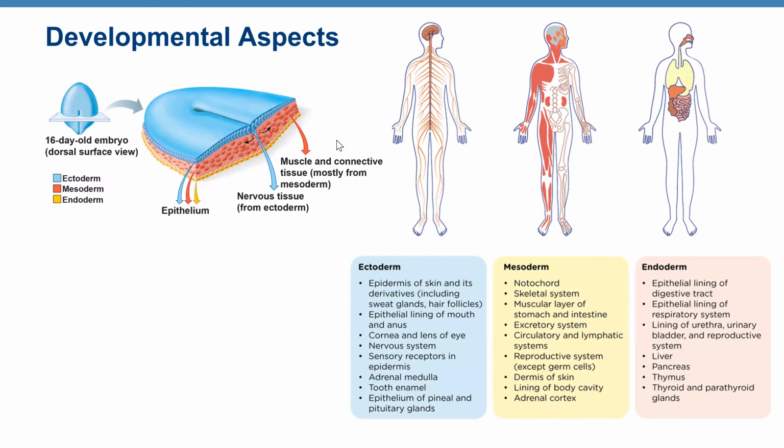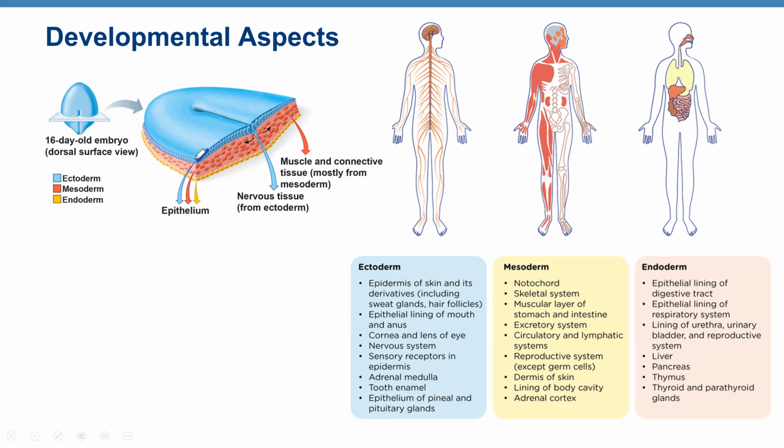Okay, so here on the diagram, you can see a 16-day-old embryo, and the primary tissues are shown in three different colors. We have ectoderm in blue, mesoderm in red, and endoderm in yellow, right here. You can see that epithelial tissue is formed from all three layers, right?